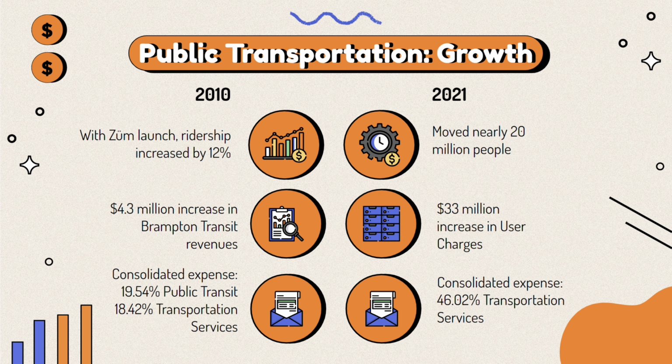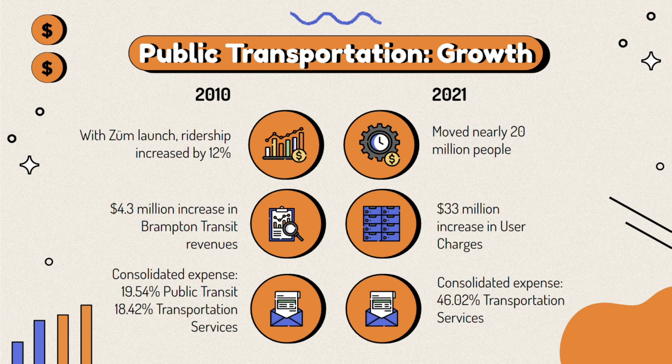As I've mentioned before, Zoom was available to the public in 2010. So I took this opportunity to go over some of the City of Brampton's annual report 2010 to see if there had been any changes to the economy. Suffice it to say, I am glad to have found some useful information that I'll now be sharing.